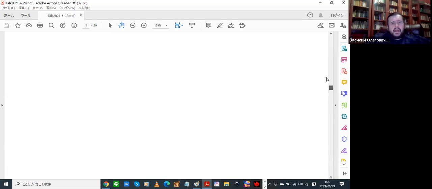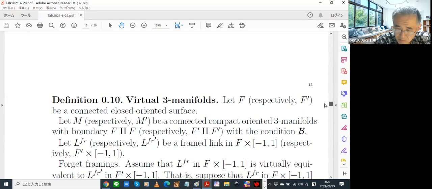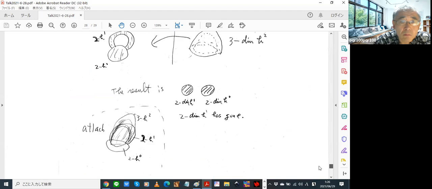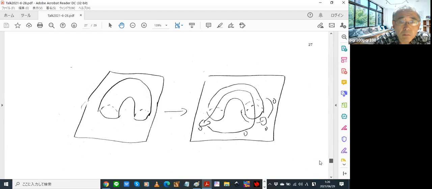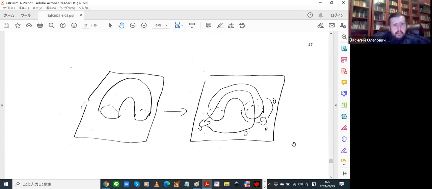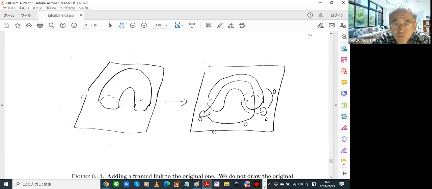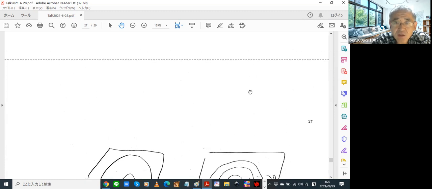Excuse me, can I see the picture again? Okay. So how do you add, do you stabilize it twice? So do you add two pairs of four circles and two times of O3?